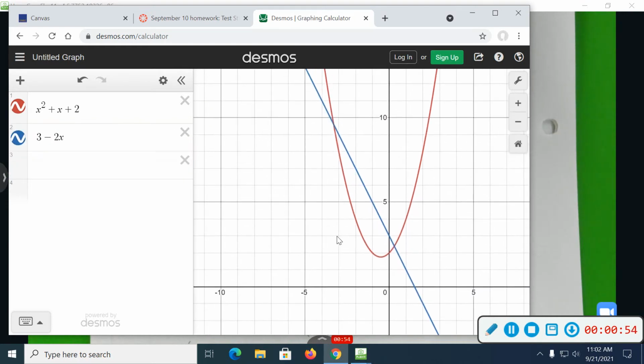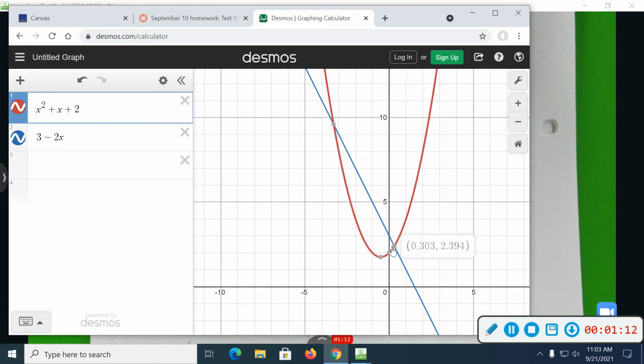So, how many points of intersection do there appear to be? 2. And in fact, maybe you believe that should be generically true. If you take a parabola and intersect it with a line, you believe there will be 2 or 1 or no points of intersection.